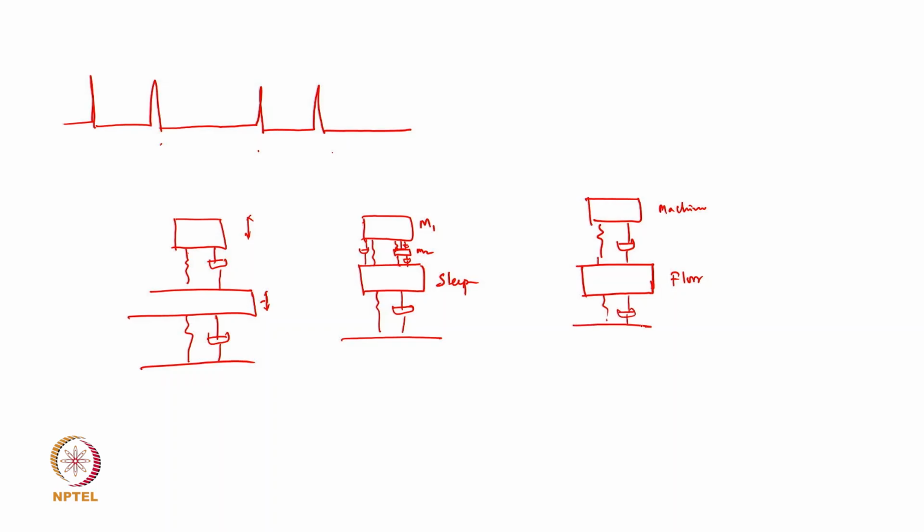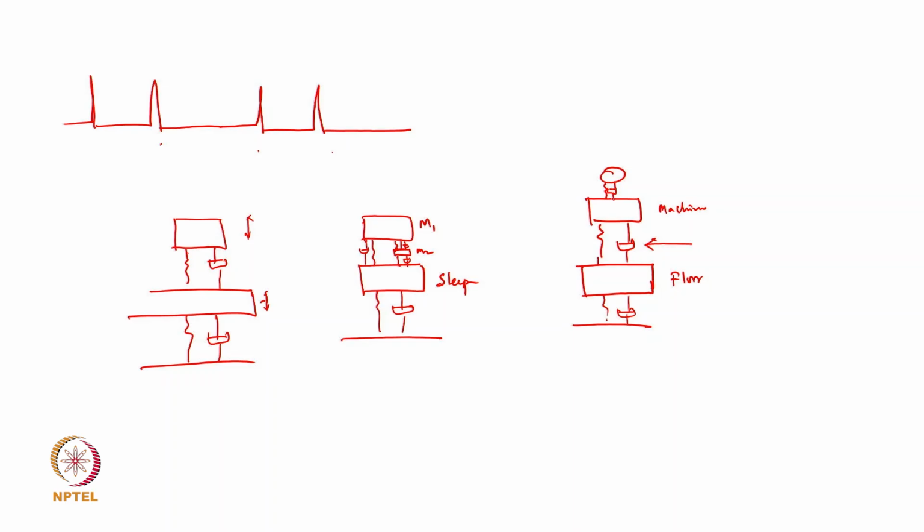So now you say, okay, I do not want to put any special type of thing here. I just put a simple, normal mount, and I do not care that much what is happening. Rather, what I will do is put another mass-spring system on top of that, so that it can sacrifice itself once there is vibration.